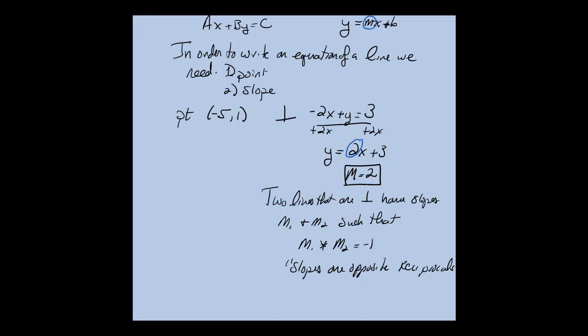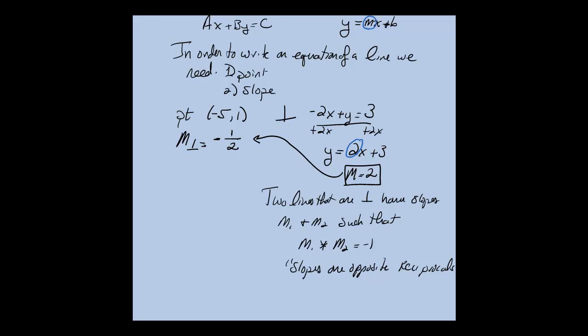So if the slope of this line is equal to 2, the slope of a line perpendicular will be the opposite. So it's going to be negative because this was a positive. Opposite will be negative. Reciprocal, so we're going to reciprocate or flip 2. So we're going to get 1/2. So now from this we were able to determine that slope right there.